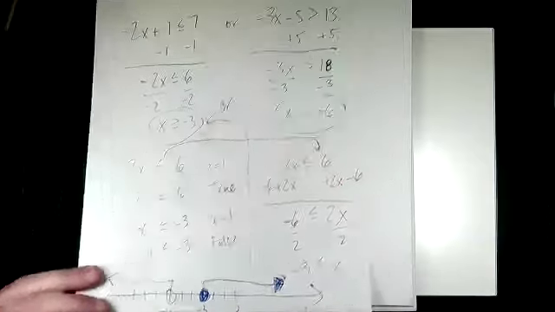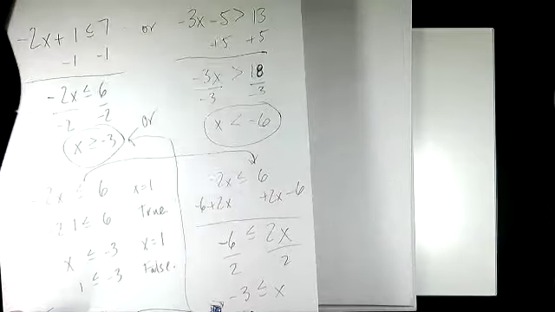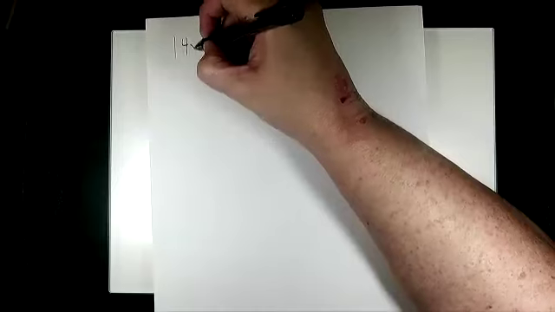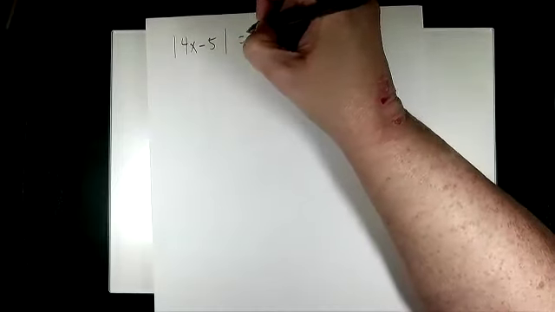This leads us to absolute value. So the absolute value of 4x minus 5 equals 7.